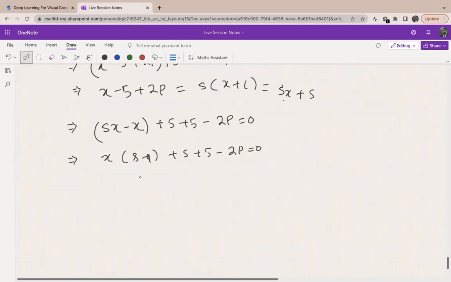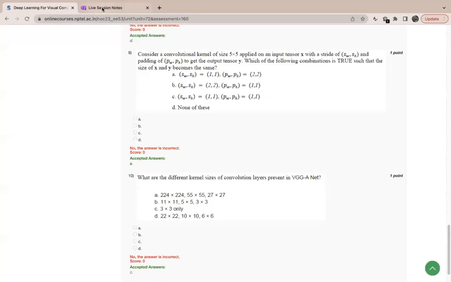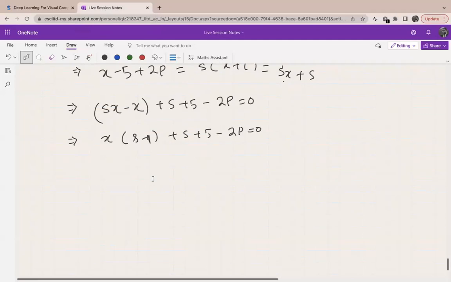Okay. Let's put in the values that are given in the variables. S is 1 and P is 2. So case 1, S equals 1, P equals 2.